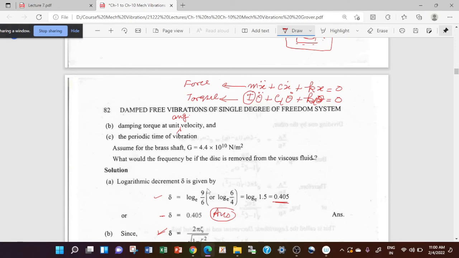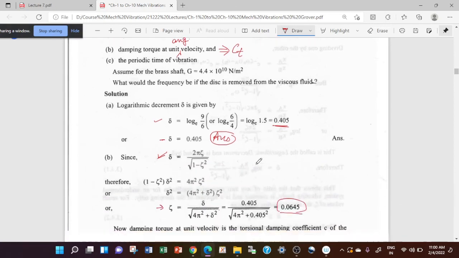So Ct is nothing but torque upon theta dot. This is the damping torque at unit velocity. So we need to find Ct here. To find Ct, you need to find the critical damping coefficient Cc.